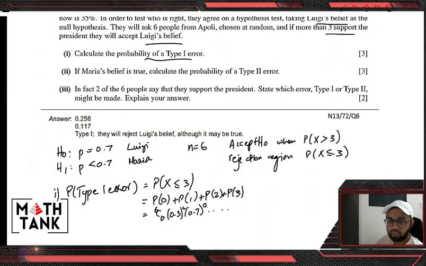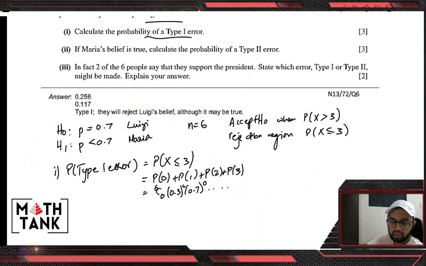I'm not writing all of them right now, but that is how you have to write them. Since I have my calculator, I can quickly do this and take you to the next question. On the exam, you have to show me a certain amount of working. You can't skip all the working, so make sure that you do that. So I am getting 0.256, so 25.6% is the probability of a type 1 error.